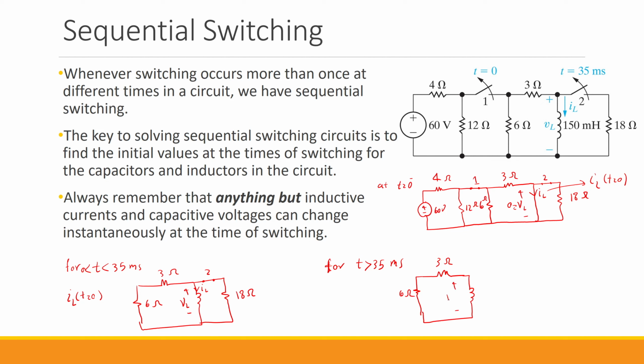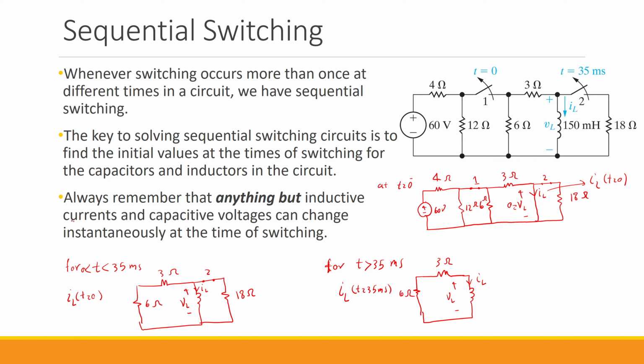Again we have VL and IL, but to be able to solve this circuit we need to know the current at time equal 35 milliseconds. As you can see, because we had two switches, we are actually solving three versions of this circuit at different times. This is the concept behind sequential switching.